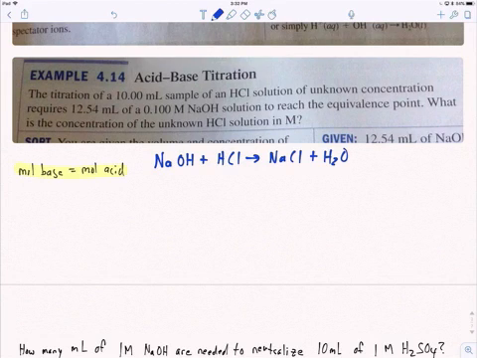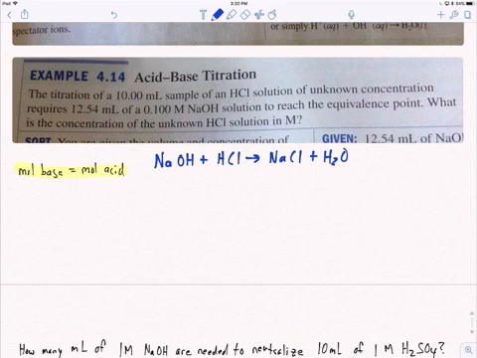In this problem, we have 10 milliliters of an unknown hydrochloric acid solution, but it takes 12.54 milliliters of a 0.1 molar sodium hydroxide solution to reach its equivalence point. What is the concentration of the hydrochloric acid in moles per liter, the molarity? One thing with titrations: at the equivalence point, the moles of base equal the moles of acid.